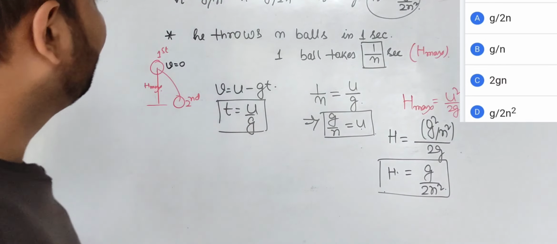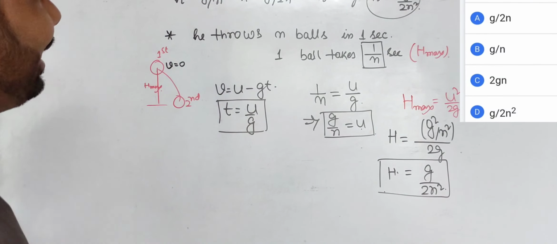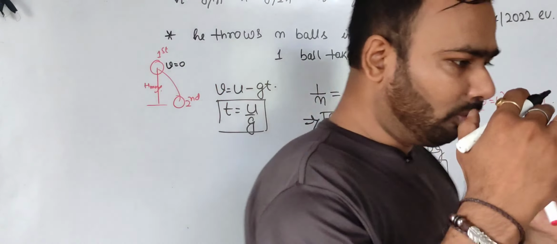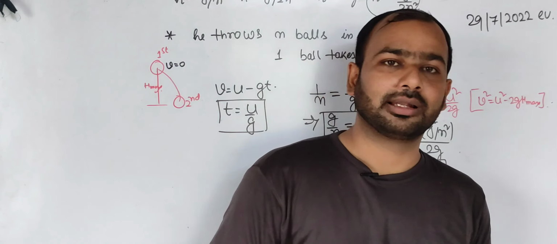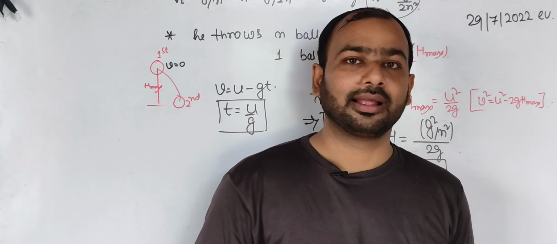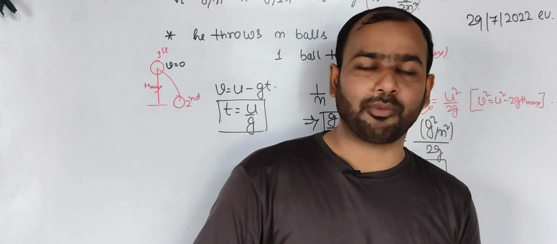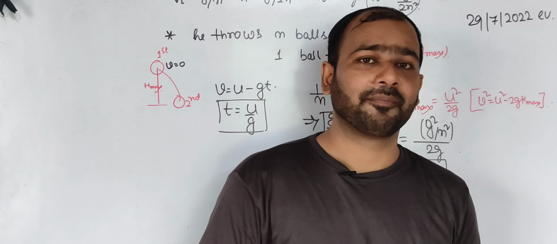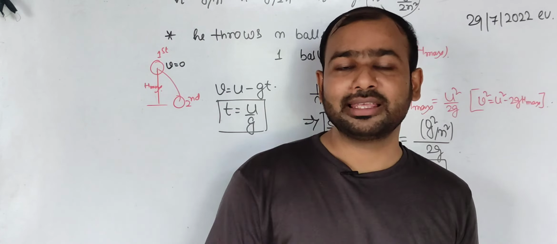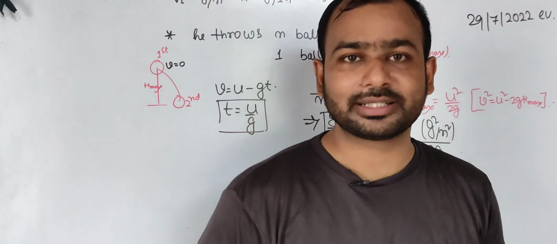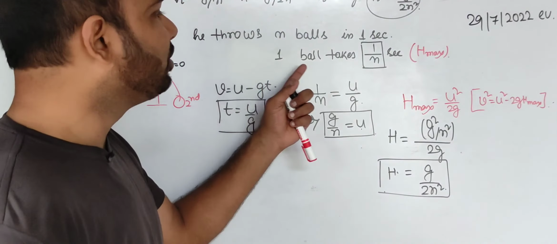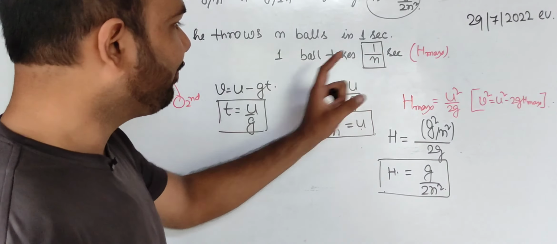Very simple. The line was given, he throws n balls, and from this line we observe that if he throws multiple balls in 1 second, it will take less than 1 second for a ball to reach its maximum height. Using the unitary method, we can find the time.